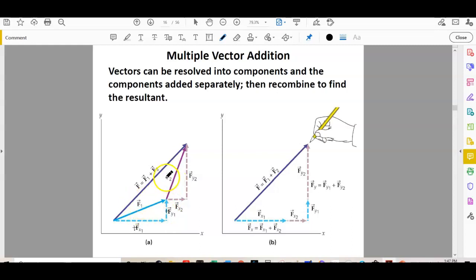So anyways, if you decompose F2 into its component vectors, you would get a really long vector up and a short vector to the right. That is an up and to the right vector. Well, if you do this, again, it doesn't matter the order in which you do this, you add up the component vectors, the decomposed vectors of F1 and F2, and it ends up with the same result as the vector addition of F1 and F2. Okay?